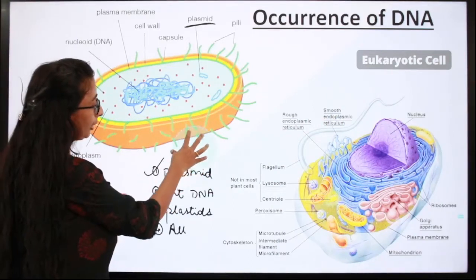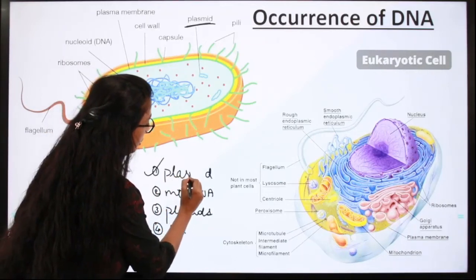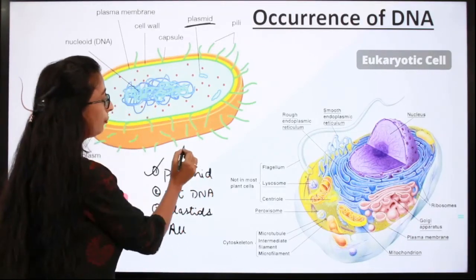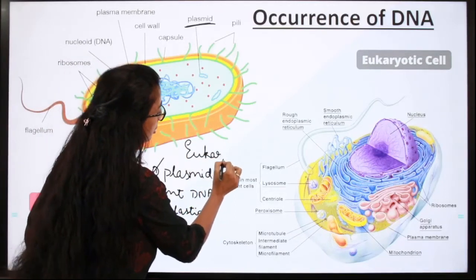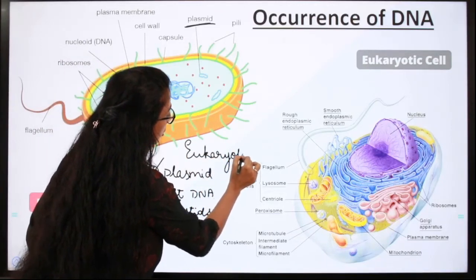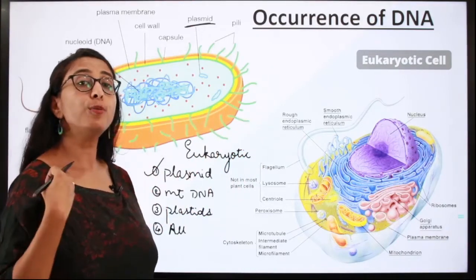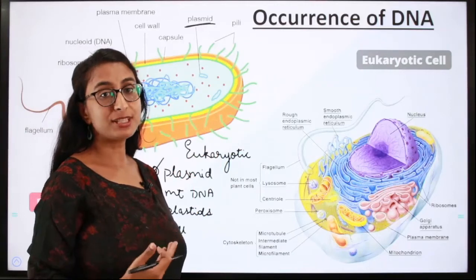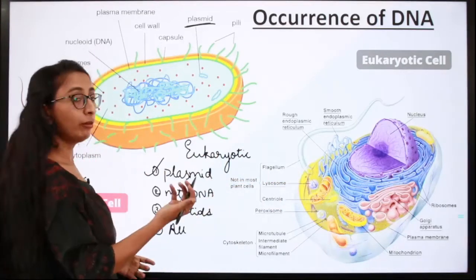So instead of prokaryotic cell, if they are asking about extra chromosomal DNA that is present in a eukaryotic cell, what will be the answer?